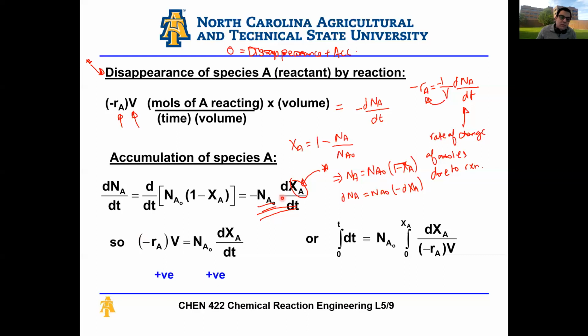If I move the accumulation term to one side, I get minus rA V equal to NA0 dXA by dt, and this will be the starting point for me to derive the performance equation.